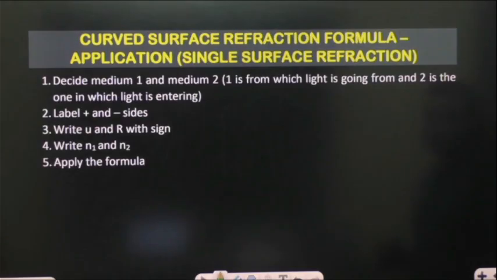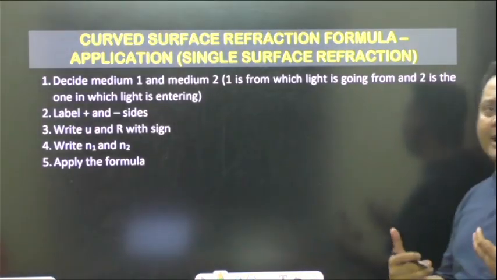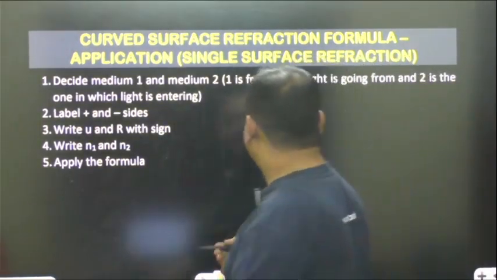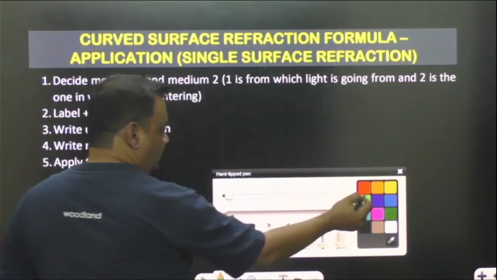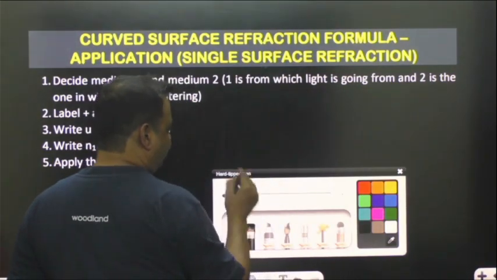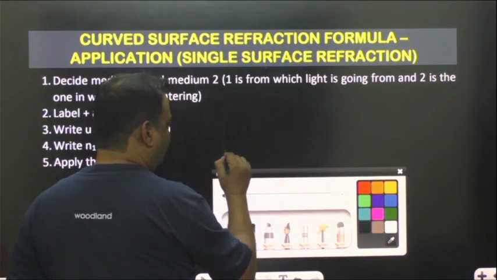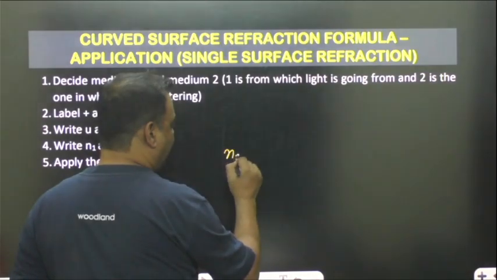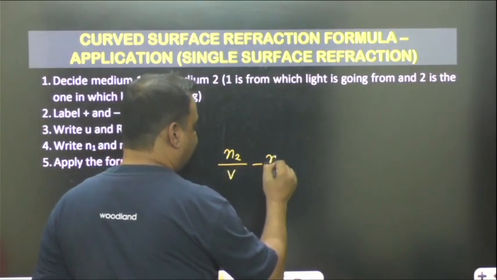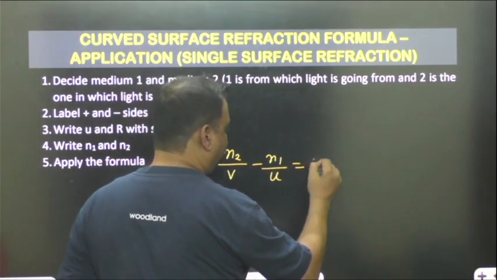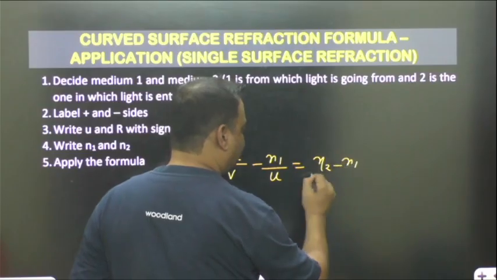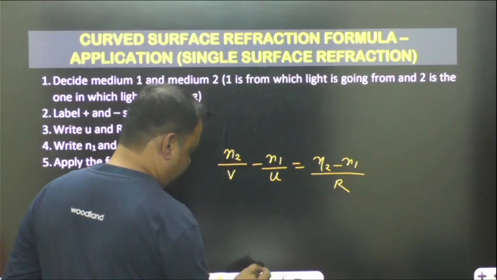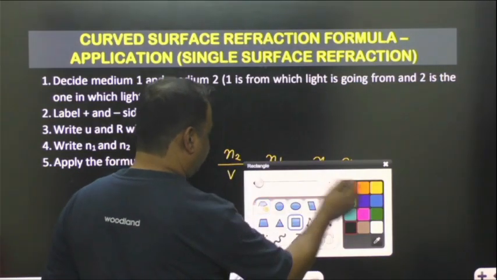Now let's see how we will apply the curved surface refraction formula. In lecture 1 of curved surface refraction, we derived the formula: n2 by v minus n1 by u is equal to n2 minus n1 by R. Remember, that was the formula we derived.